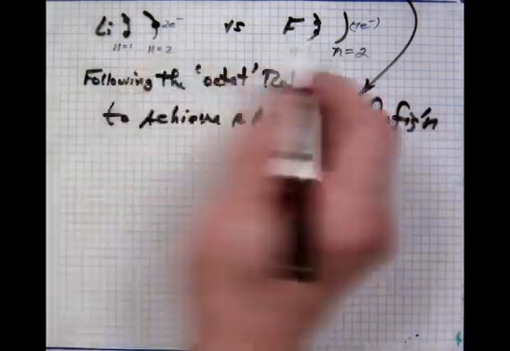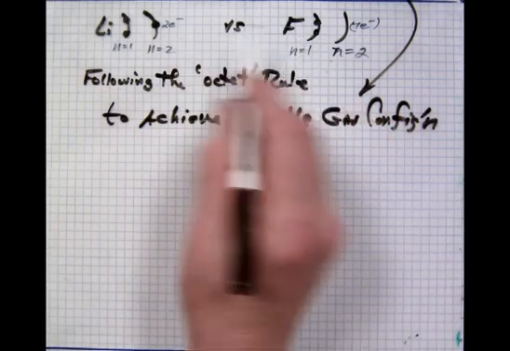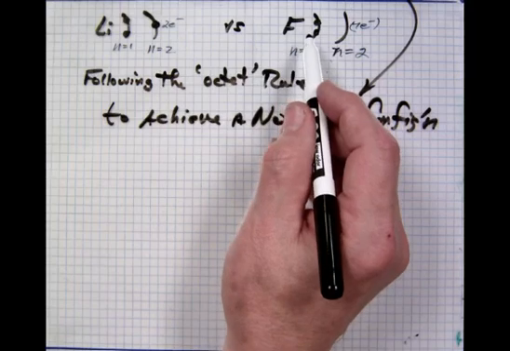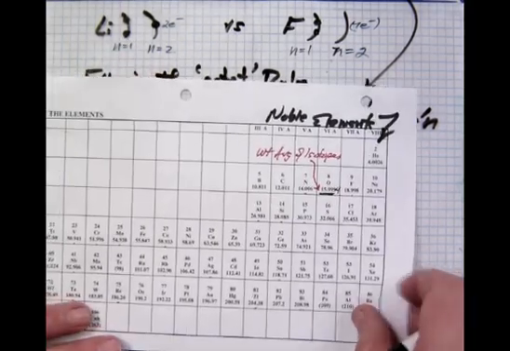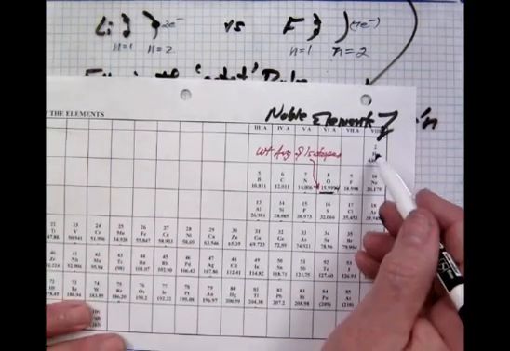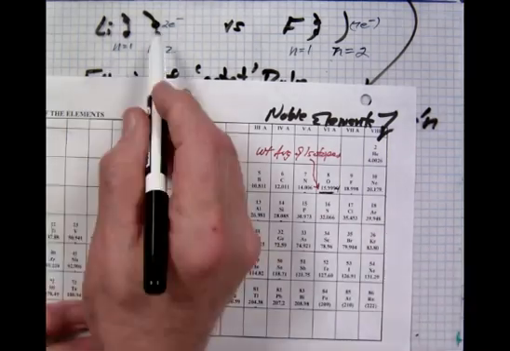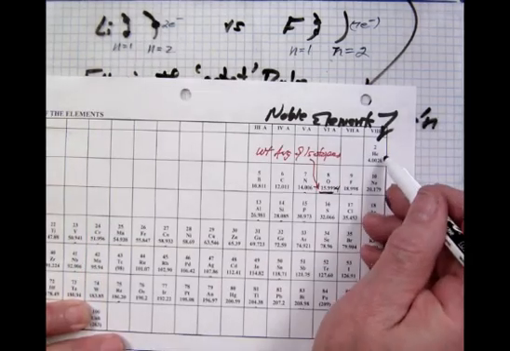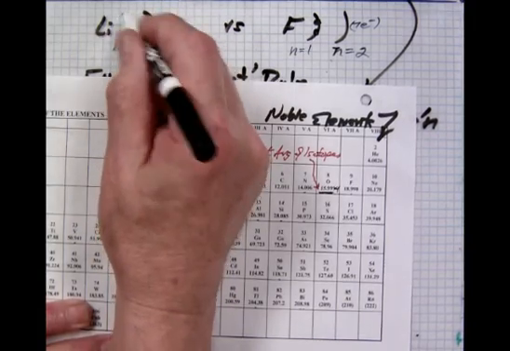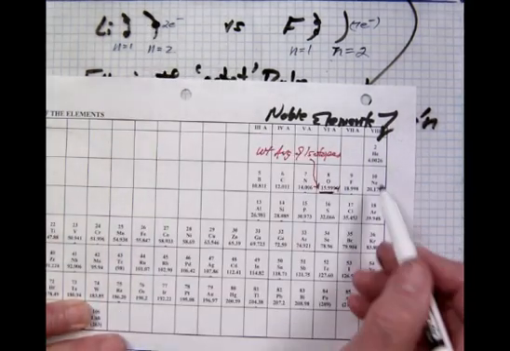The noble gas associated with lithium would be helium or neon. We're either going to lose that outer shell electron to achieve helium, which is a helium structure, or gain 7 electrons to achieve a neon.